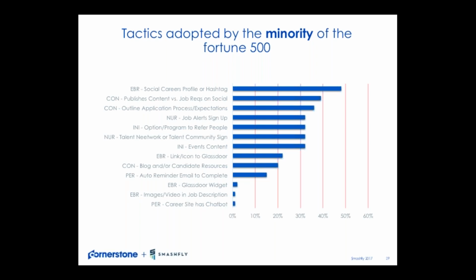All fairly basic, straightforward things that don't require a ton of effort to execute are really being underutilized by the Fortune 500. You can go to the next one here.